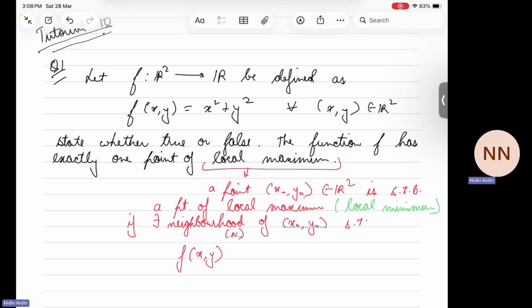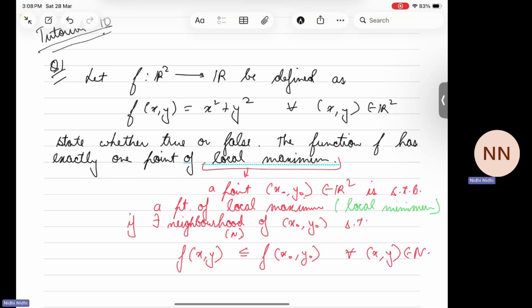Now, for the local maximum, the values in the neighborhood of that point should be less than or equal to the value at (x naught, y naught). So, f(x,y) should be less than or equal to f(x naught, y naught) for every (x,y) in N.